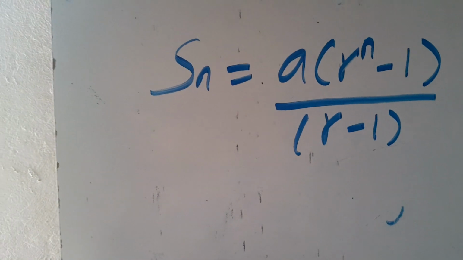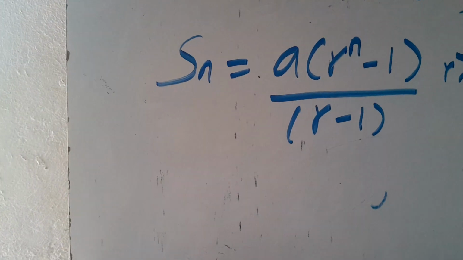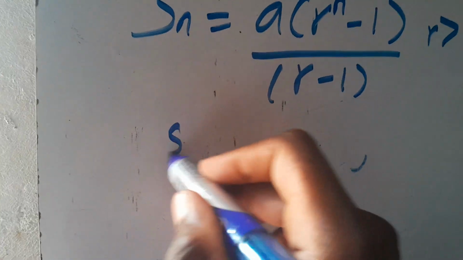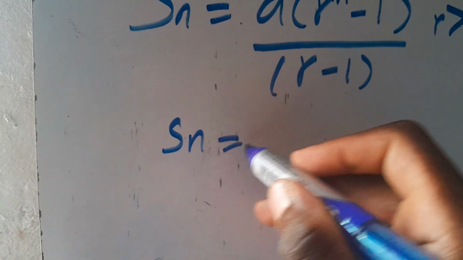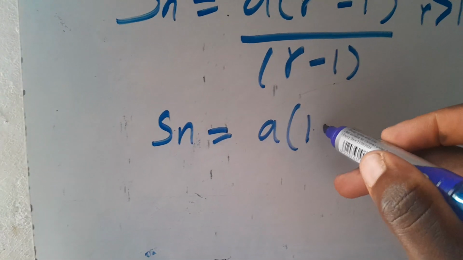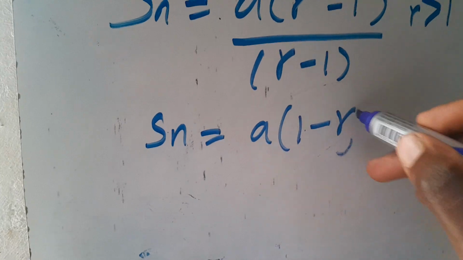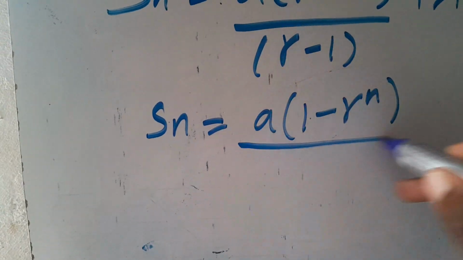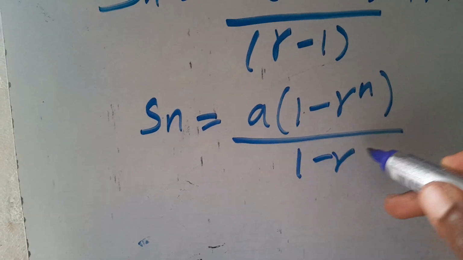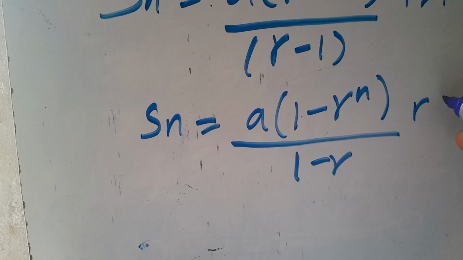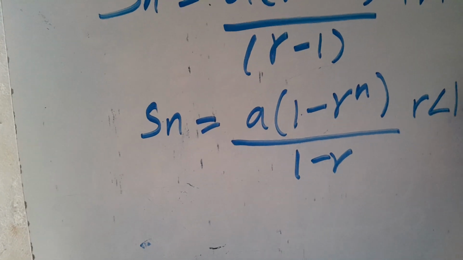But there can be a scenario in which r might be less than 1. It will be simple. You will have the sum of the n terms as the first term times 1 minus r raised to power n, all over 1 minus r. This is when r is less than 1.